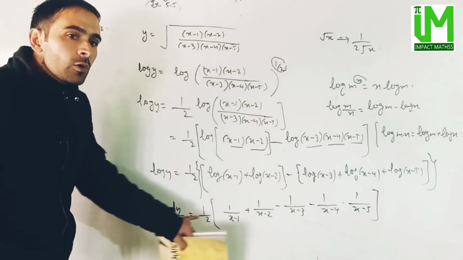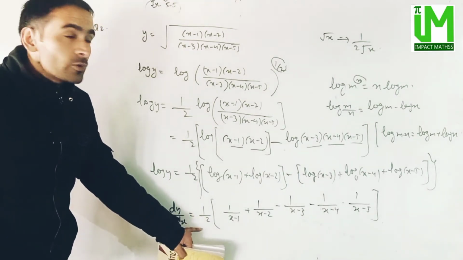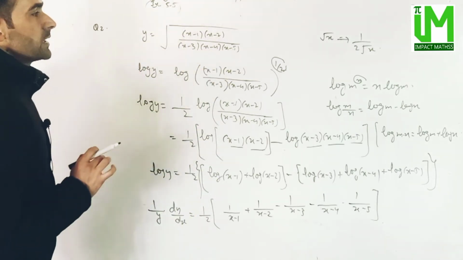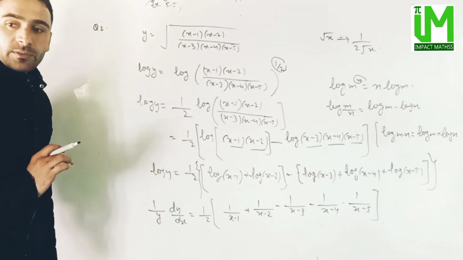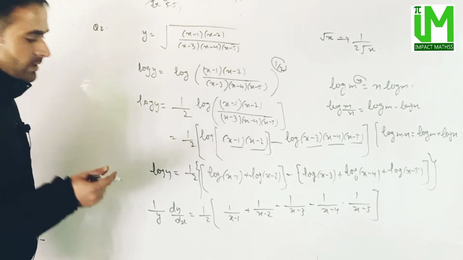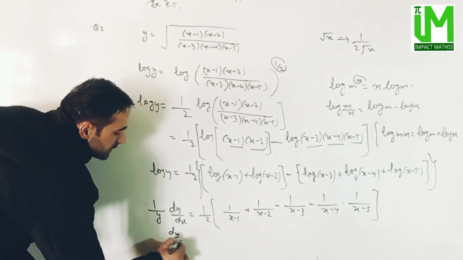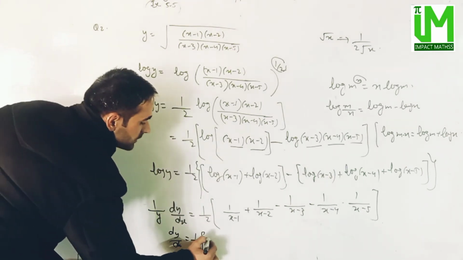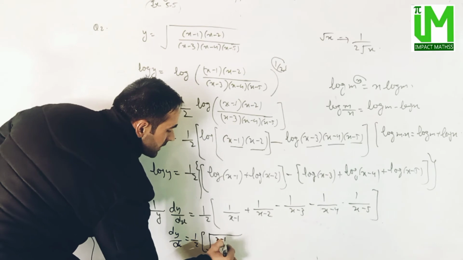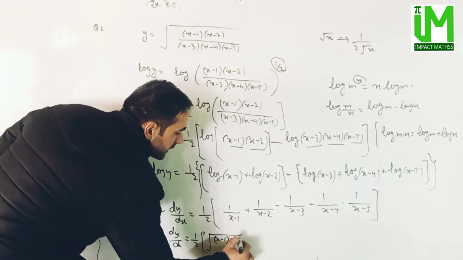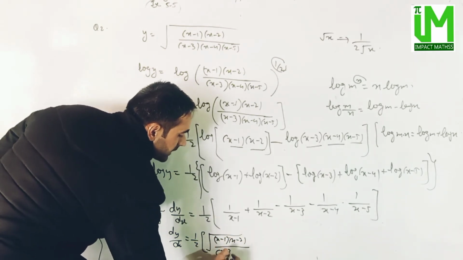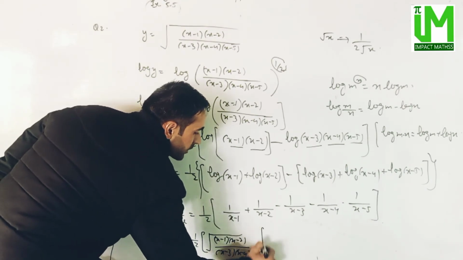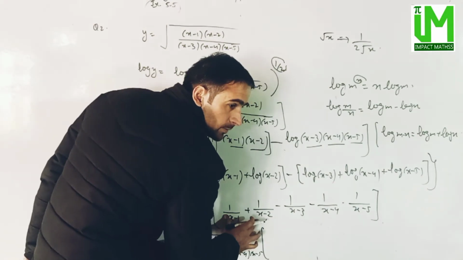So dy by dx will be y divided by 2. And what is the value of y? Under root of (x−1)(x−2) divided by (x−3)(x−4)(x−5). So dy by dx is equal to 1 by 2 into the value of y, which is this thing under root, into the bracket of 1 divided by (x−1) and so on.